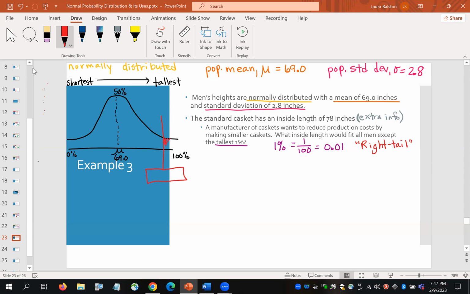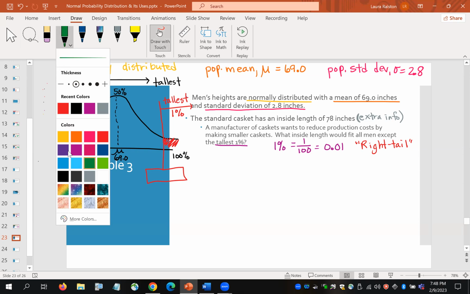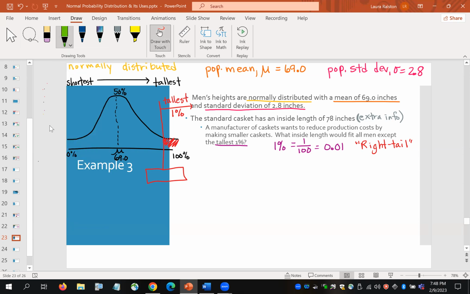And we want to exclude that tallest 1%. That would be the men that we would exclude. They would have to special order. So again, because it's the tallest, we're on the high end, it's a right tail.